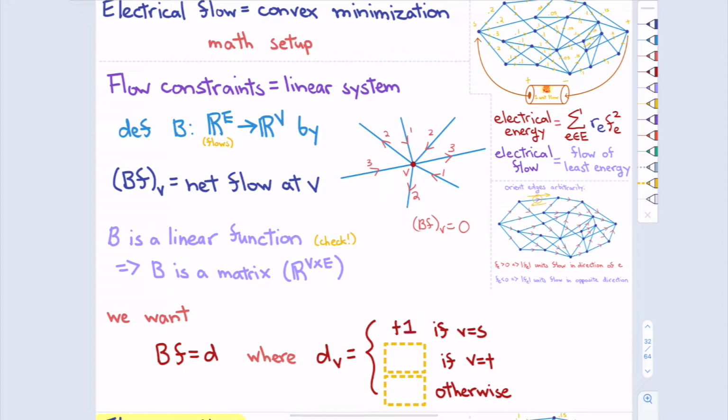Because I want the net flow out of S to be 1. And then T, -1, and then everywhere else, 0. So that means I'm conserving flow. No big deal, but it is an important point that it's a linear system of equations because that has some mathematical structure that we can use.